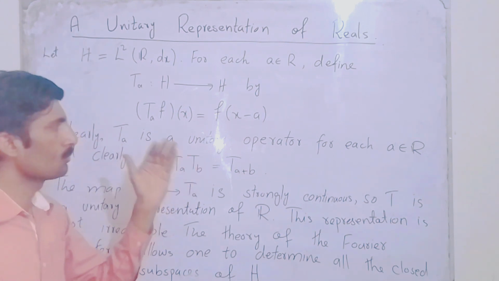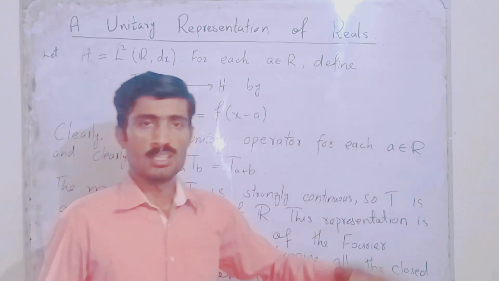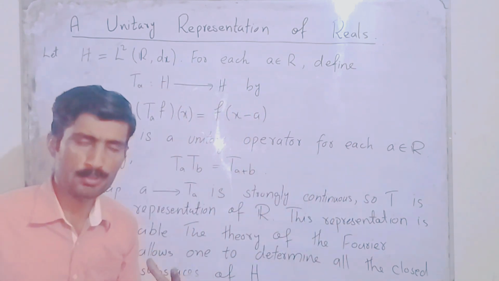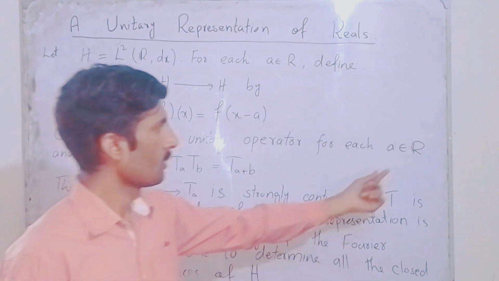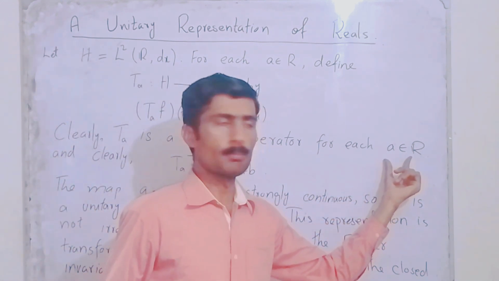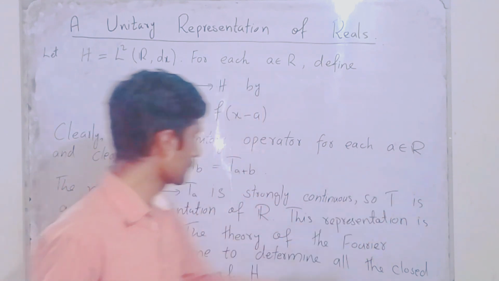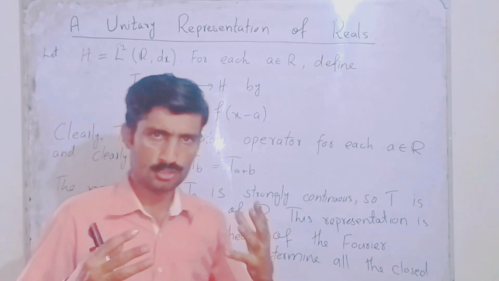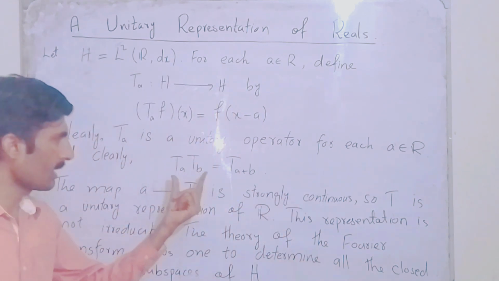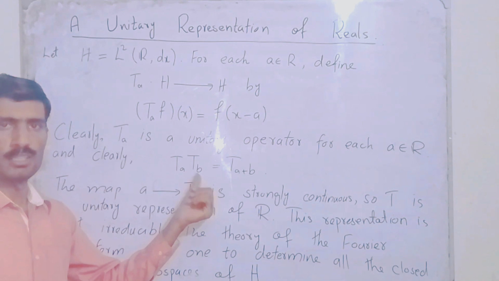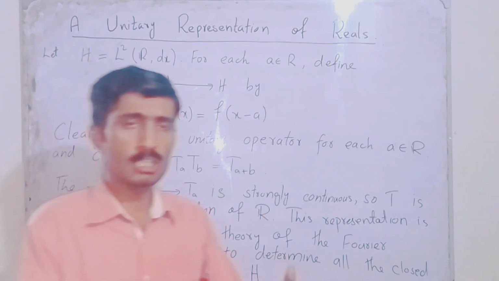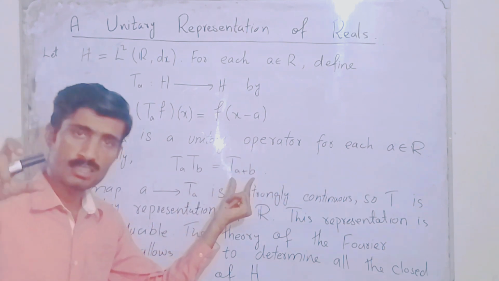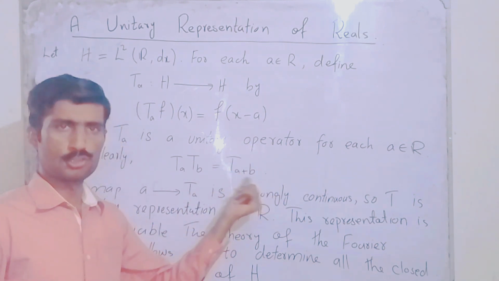Clearly T_a is a unitary operator for each a belonging to R. Next, a property of a unitary representation: T_a times T_b equals T_{a+b}, so when two maps are multiplied, their subscripts add, right?